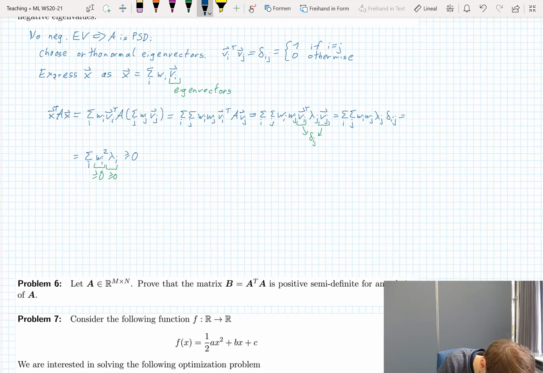So the second part is the opposite direction. A is PSD implies no negative eigenvalues.